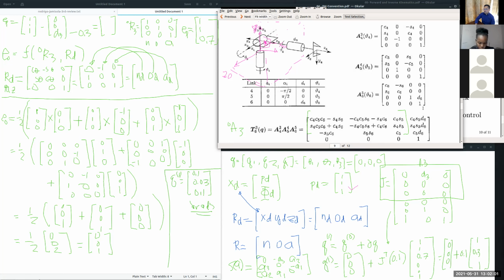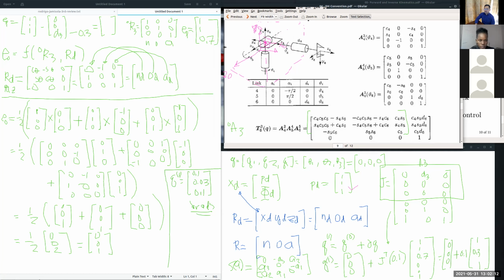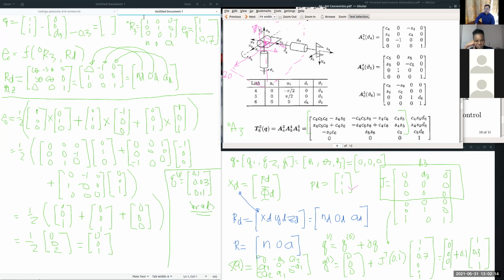So what is your position value? You can compute from here. D3, we assume to be 0.3, and you can compute that as well as the rotation matrix. So now you will be able to define your rotation matrix 0R3 based on the new values of the angle, and your 0P3 also based on the new values of the angle. That's the only thing that changed, including the value of the Jacobian. And then you compute the new value.